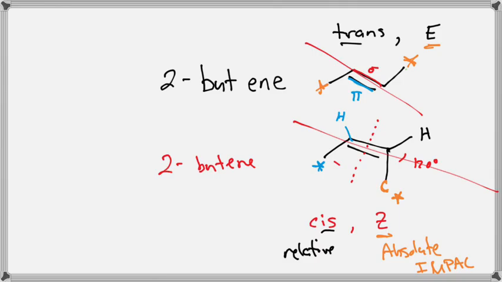So if I want to now define this for this bottom one, and this can get fun, what could I call it? Well, I could call it 2Z, my 2 looks like trash, 2Z-butene. I could call it 2Z, that's a Z, but-2-ene, right?